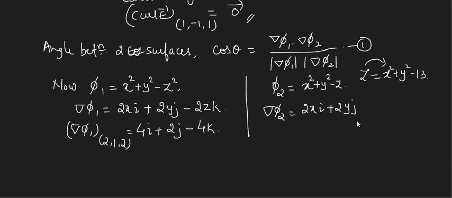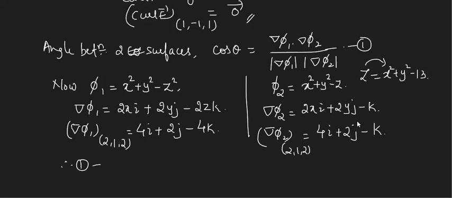It is similar: 2x i plus 2y j minus k. So del phi 2 at the given point 2, 1, 2: 2 2s are 4, 2 1s are 2. What is the change in k? No change.